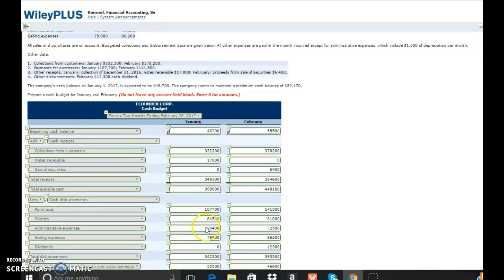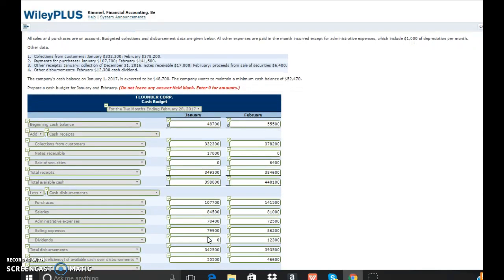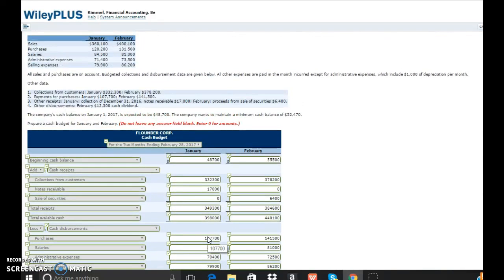But when you enter it into your cash budget, you are going to subtract the depreciation cost. So it's going to be $71,400 minus $1,000 for January and $73,500 minus $1,000 for February. So $70,400 and $72,500.